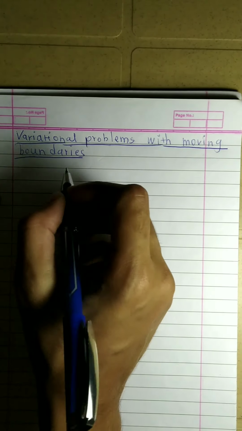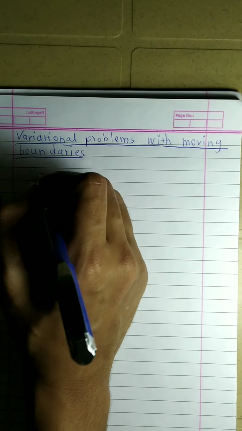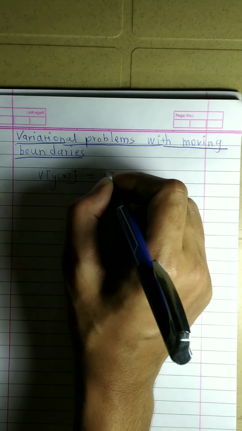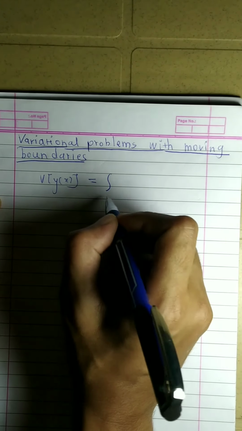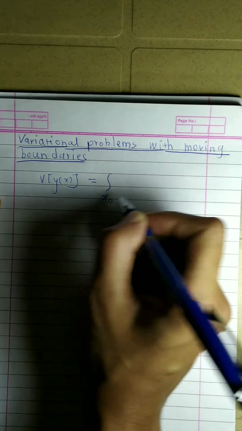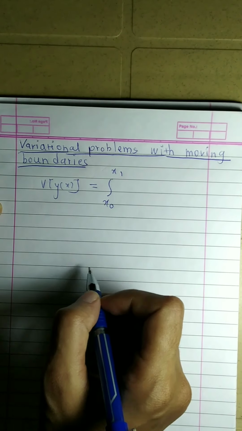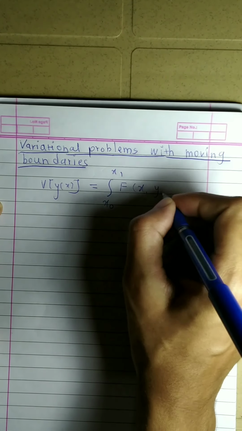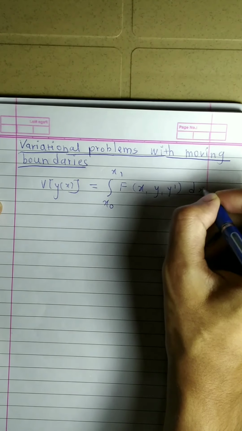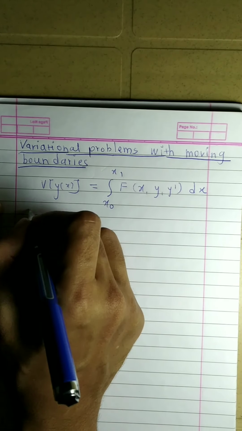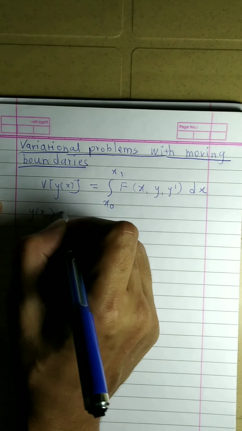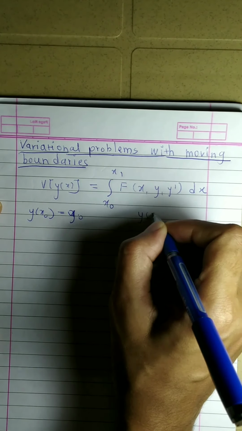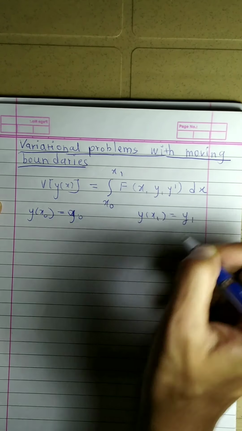That means we have considered the functionals of the form v[y(x)] equal to integral from x0 to x1 of f(x, y, y') dx, with y at x0 is y0, y at x1 is equal to y1.